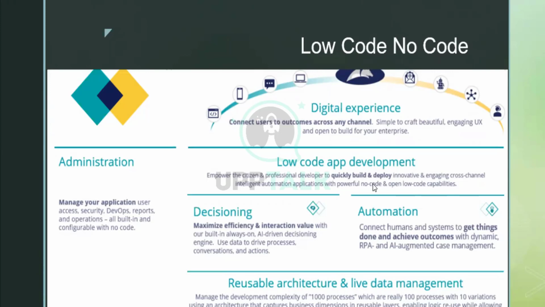For example, say there are 10,000 processes which we have developed, and each of these 10,000 processes requires 10 different variations. For example, there is a client called ABC in a domain called telecom.